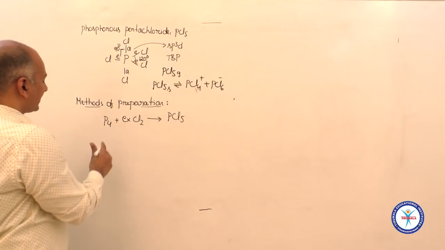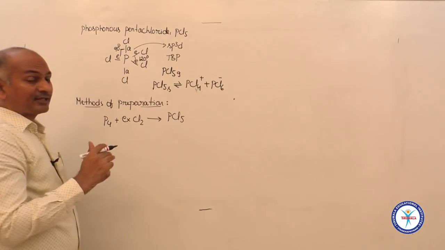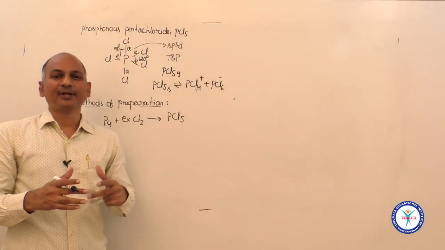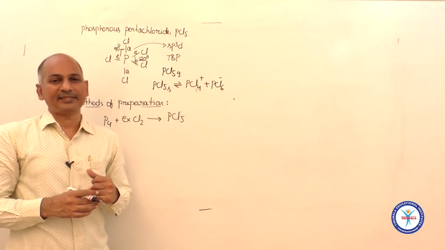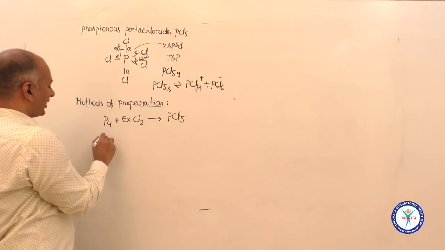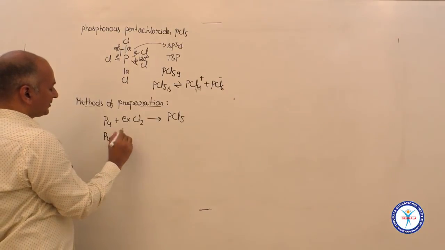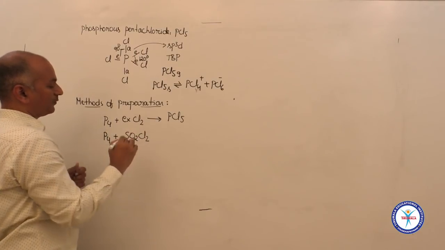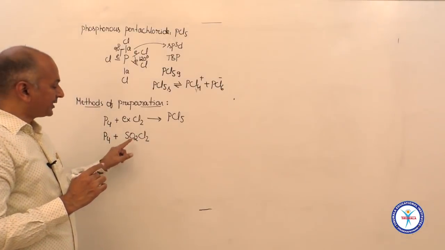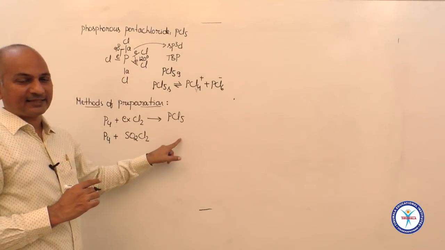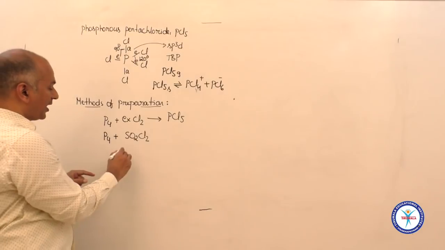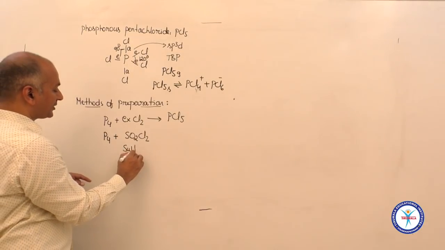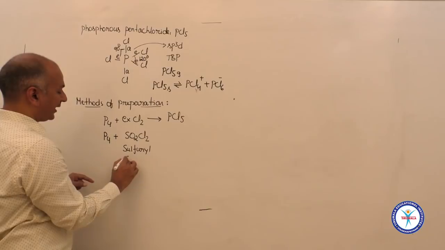Okay, another method of preparation of PCl5, and that method is also to some extent similar to the second method of preparation of PCl3. That is, you take that same white phosphorus and you treat this compound with SO2Cl2, not SOCl2. If you take SOCl2 here, then you will get PCl3. But if you take SO2Cl2, I think you all remember its name, sulfuryl chloride.